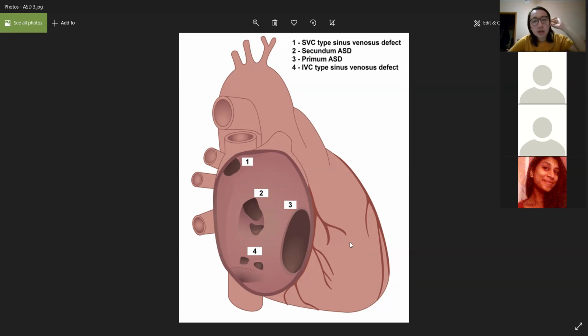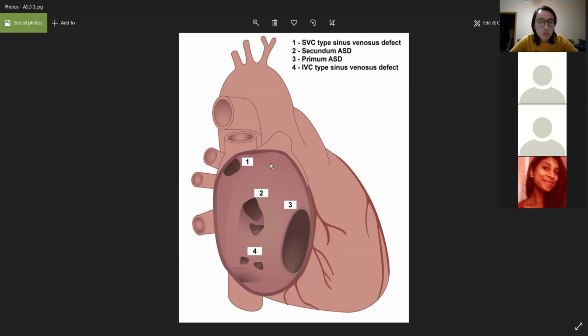You know, the vena cava enters the atrium in two different ways, the superior and the inferior vena cava, right? So simple. The two types of ASD are also that way. Let's start with superior.